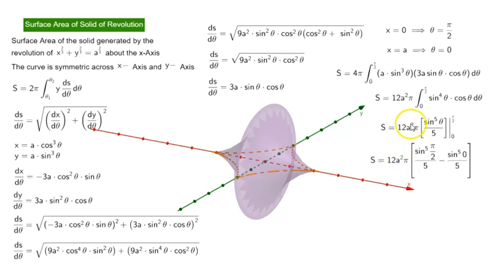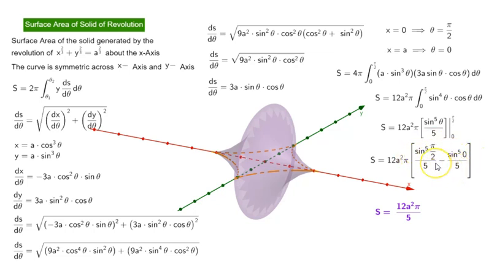We get s is equal to 12a square pi times (sine to the power of 5 pi by 2, by 5, minus sine to the power of 5 of 0, by 5). And evaluating this, what do we get? Sine 0 is 0. That means this term itself disappears.